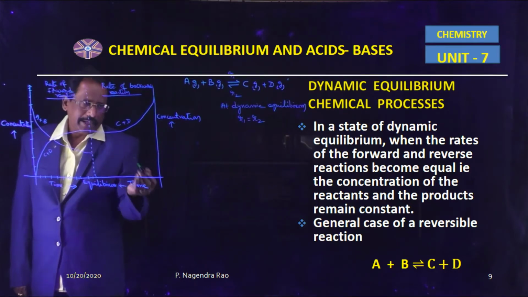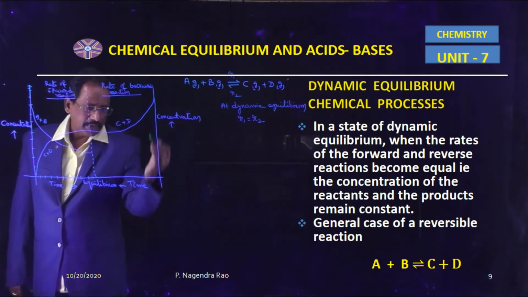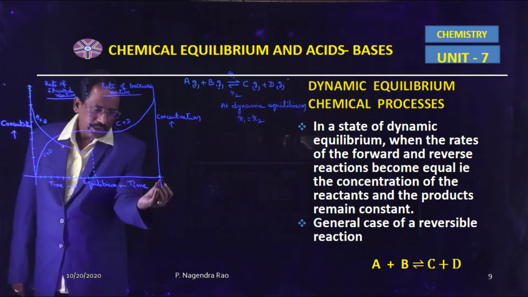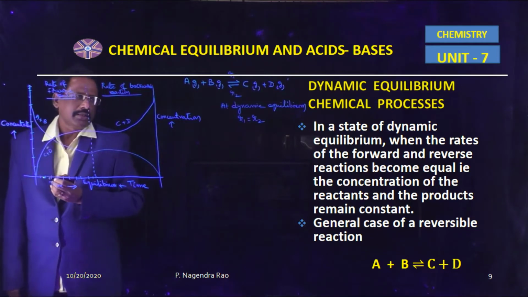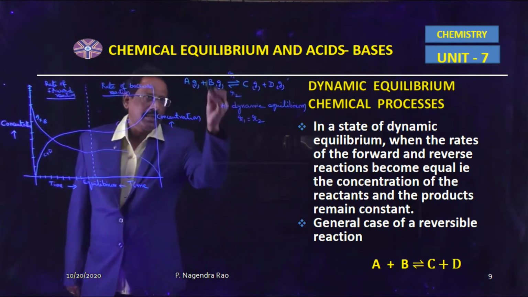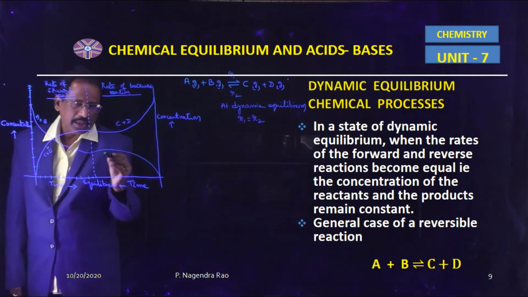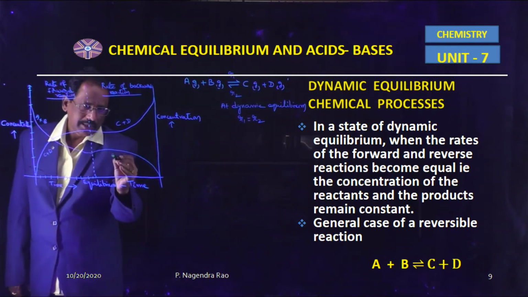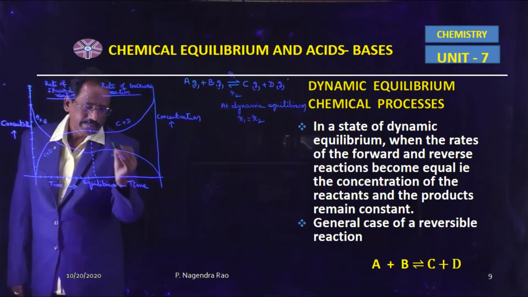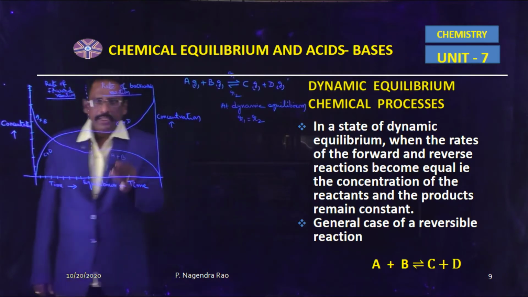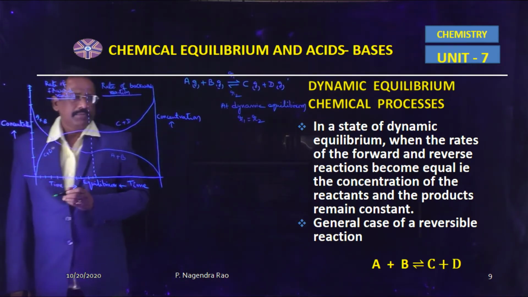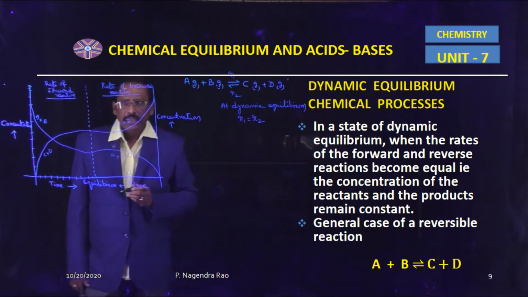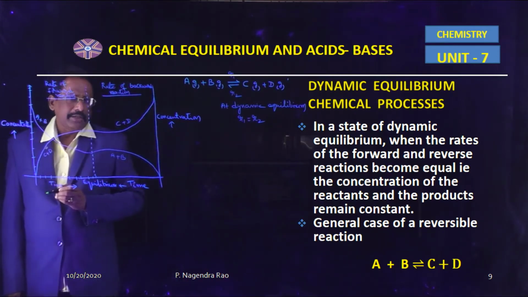At the same time, in the backward reaction, slowly the concentration of the products, that means in this backward reaction, products are A and B. So here dynamic equilibrium takes place for this reversible chemical reaction.